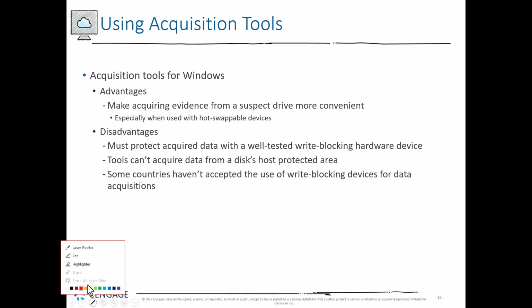That's a pretty common acquisition tool, and what that does is it allows us to do data acquisition, again, acquiring evidence from an original evidence file in a far more convenient way.